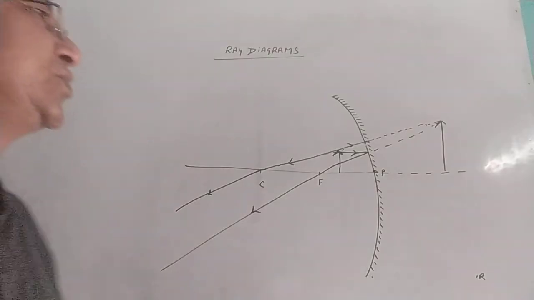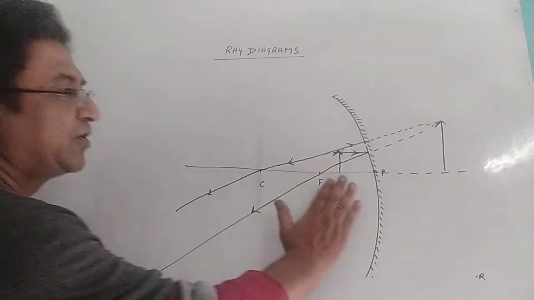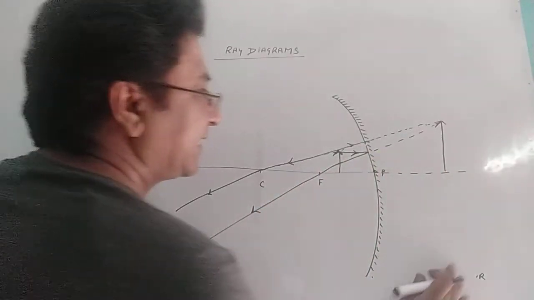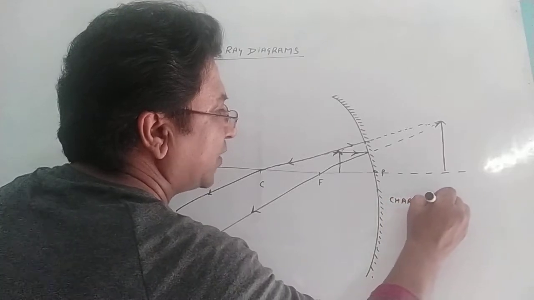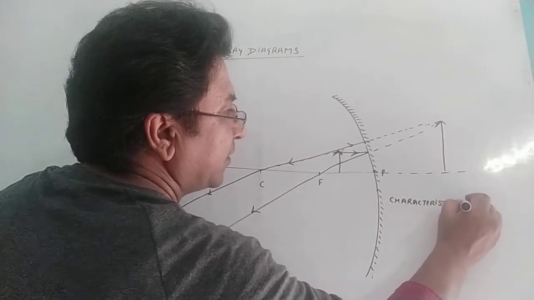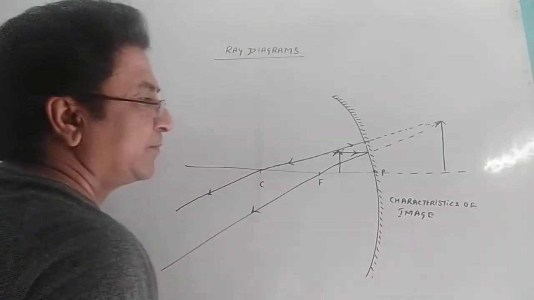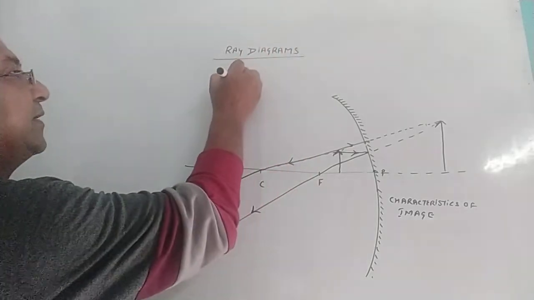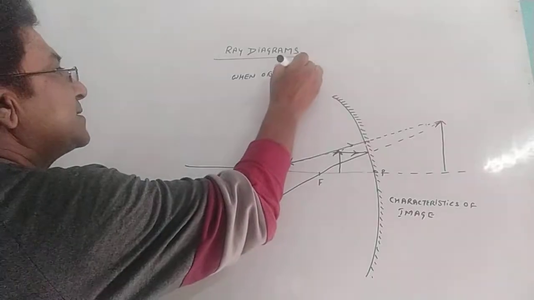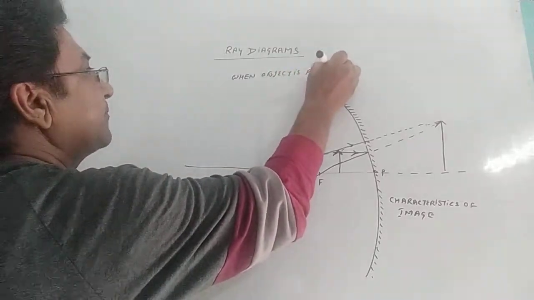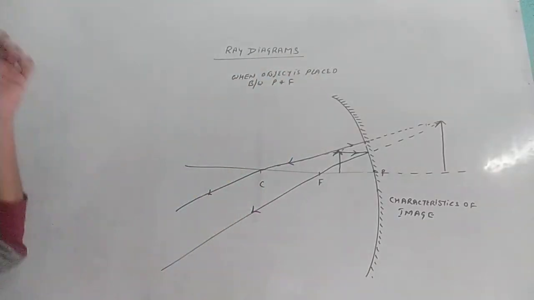So the image formed is virtual and it is erect as the object is erect, and it is formed behind the mirror. These are the characteristics of the image when the object is placed between pole and focus.